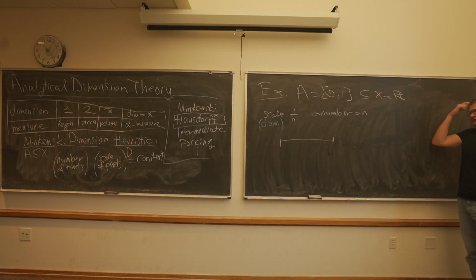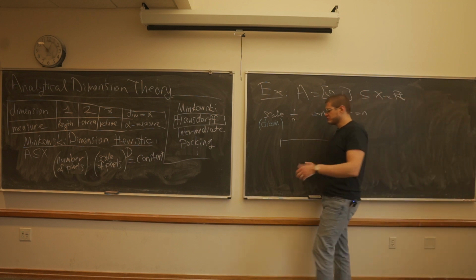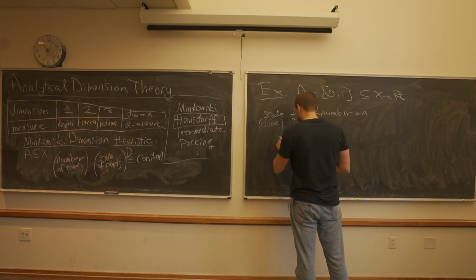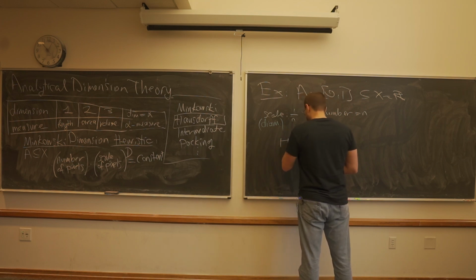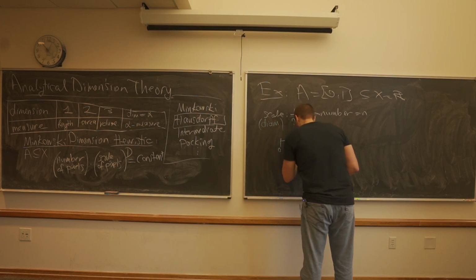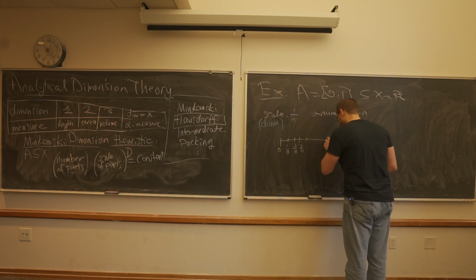So I want to cover the interval using a bunch of sets of diameter 1 over n. I might as well use closed intervals. One thing I can do is take 1 over n, 2 over n, 3 over n, and so on, up to n minus 1 over n, and then 1.